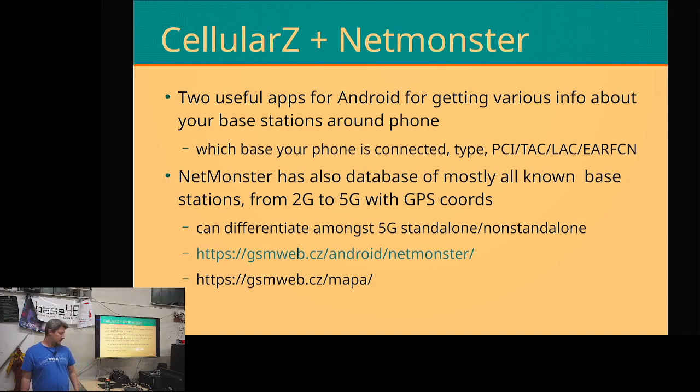And two useful applications for Android, where you can get information about your base stations, are Cellular-Z. It was outside the Google Play, now it's also part of Google Play. It will show you the most important part, like what kind of network your phone is connected to.